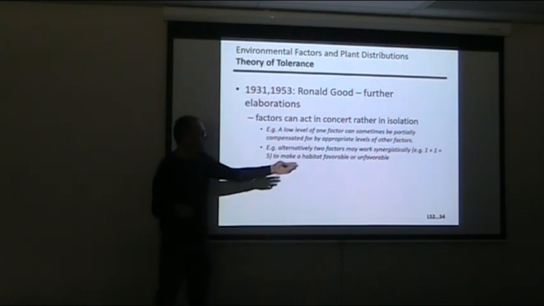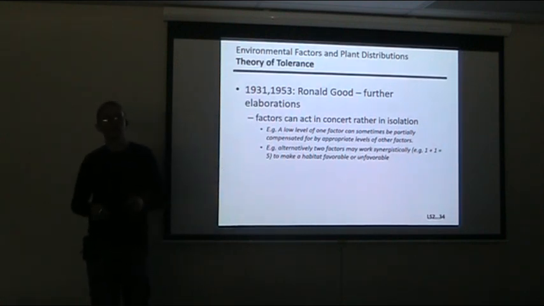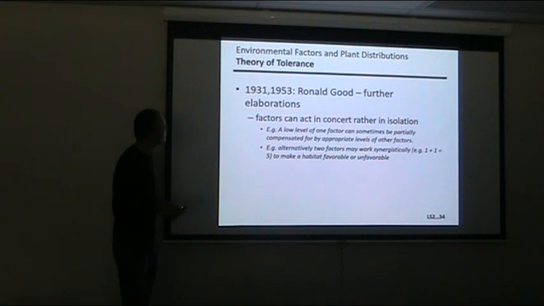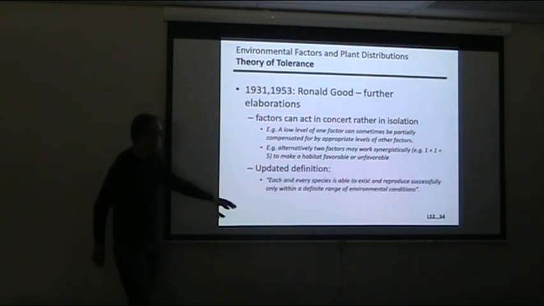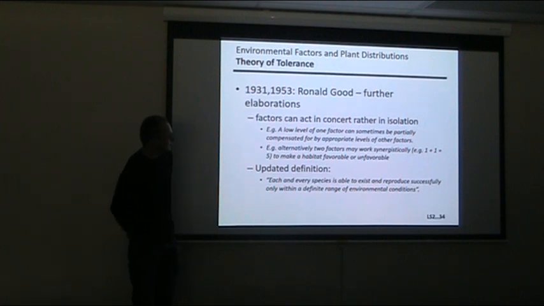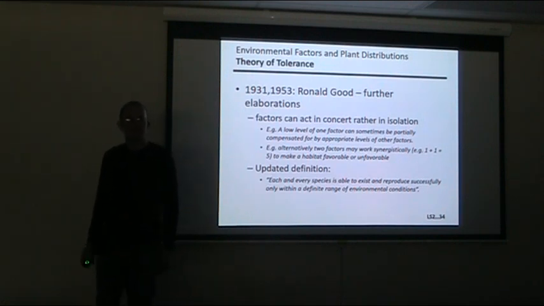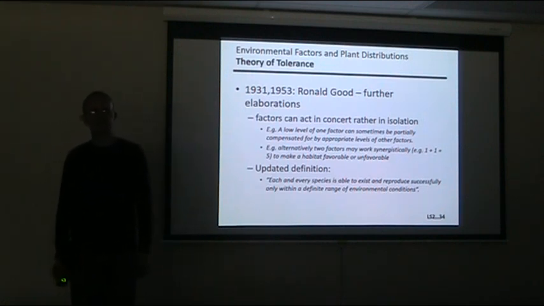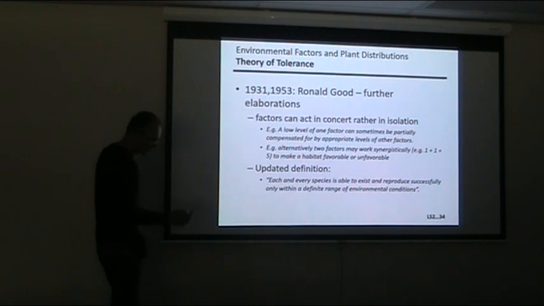So it's not a case of 1 + 1 = 2. 1 + 1 could equal a much higher optimum for that species. And so the updated definition is that each and every species is able to exist and reproduce successfully only within a definite range of environmental conditions. So that is suitably vague to fit just about any box you want to put through it. But that's the idea.